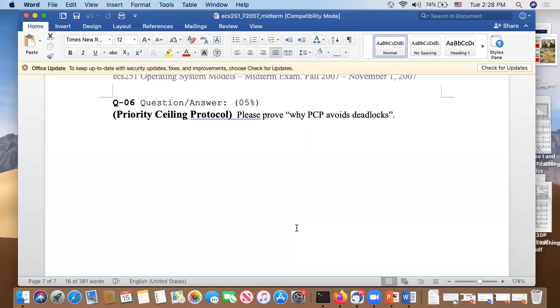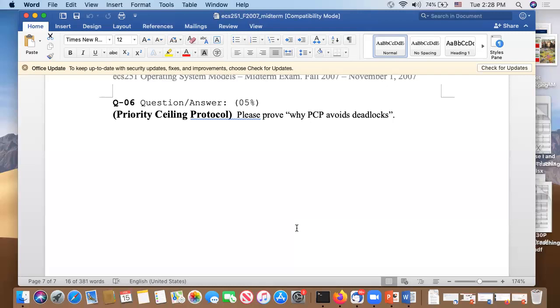So essentially, there are only 2 cases. One case is that these 2 semaphores have the same ceiling value. Or in these 2 semaphores, one ceiling value is bigger than the other.